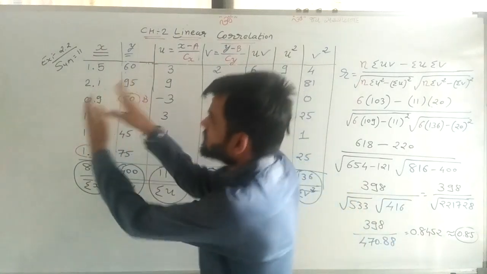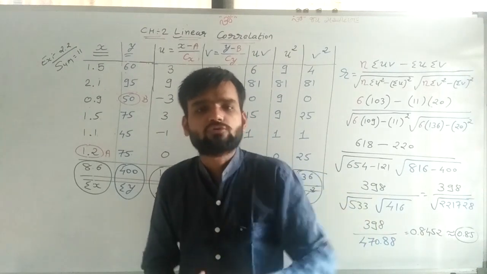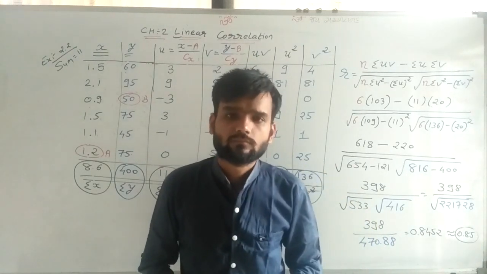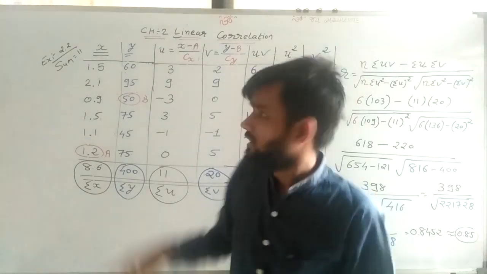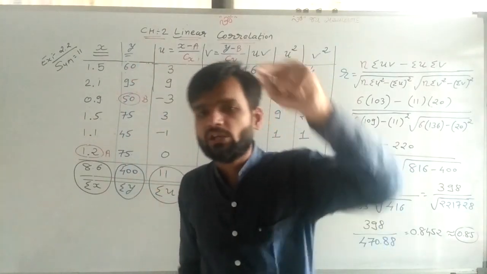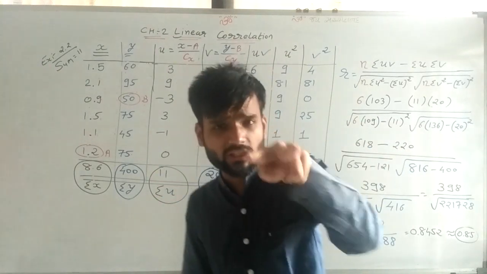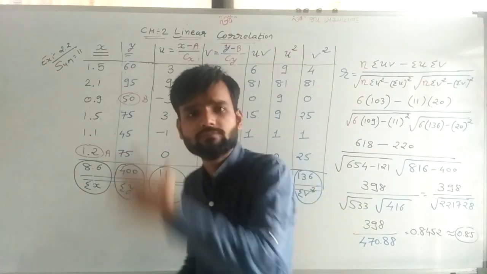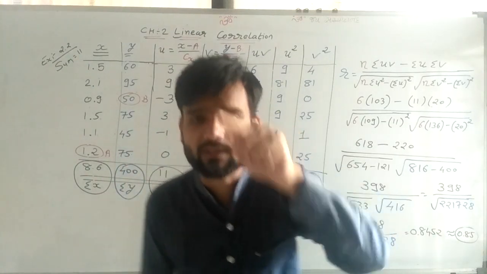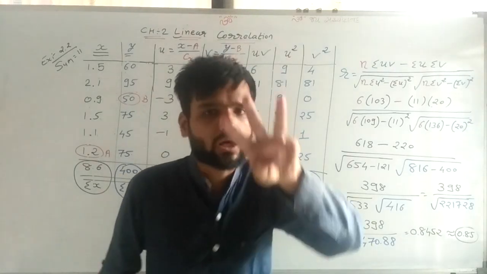We need to convert this fraction value into perfect natural or normal values, and large values into small values, and both conditions are satisfied in this sum. That's why I have taken this sum, so that you can easily understand why we are using the third formula.